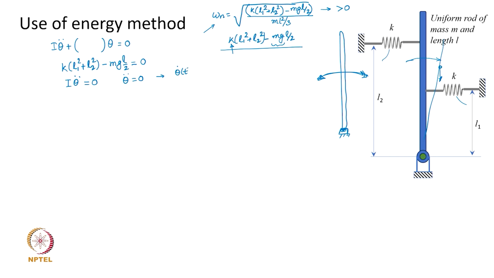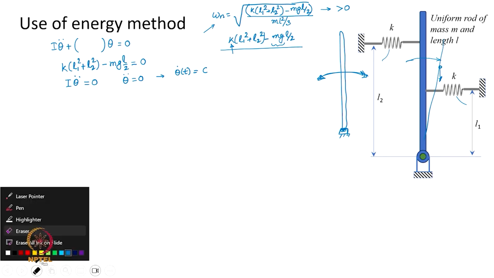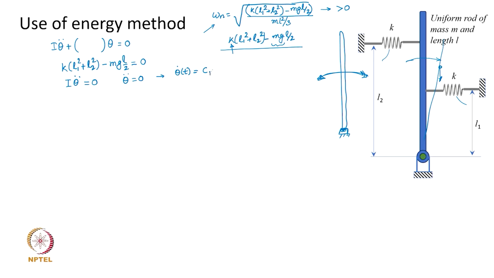So, theta dot of t is going to be, let us say, a constant C1, and if you further integrate, this becomes theta of t equal to C1 t plus C2. These are two arbitrary integration constants, and they can be obtained using initial conditions.